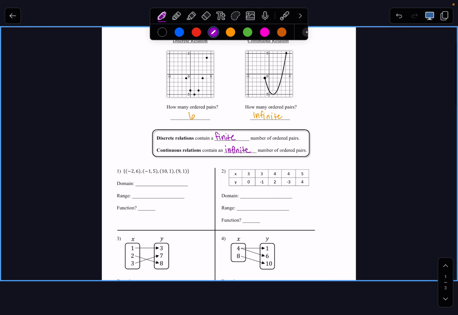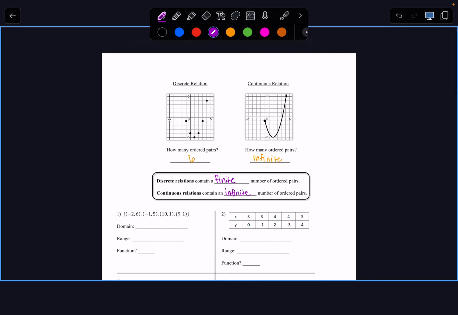All right. So we have these vocabulary words, domain and range. Okay, so I want you to write it right here.